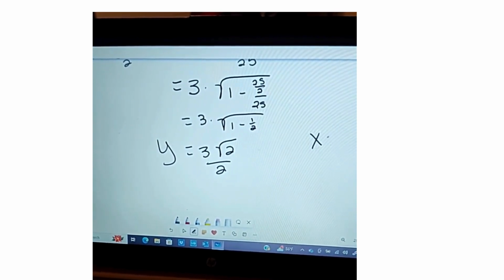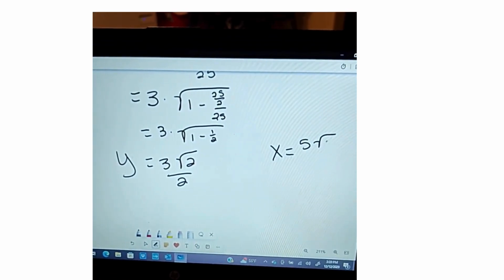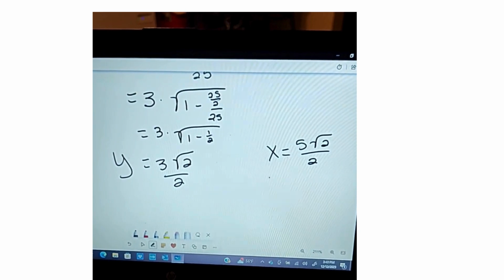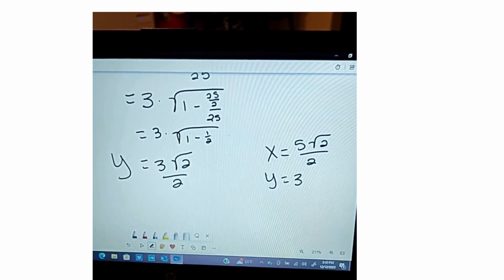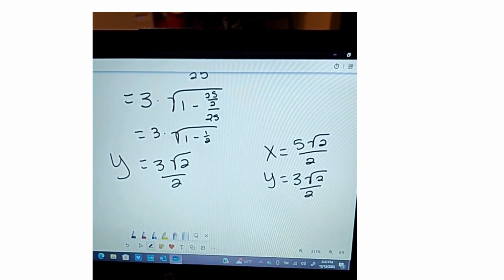So our x equals 5 square root of 2 over 2, and our y equals 3 square root of 2 over 2.